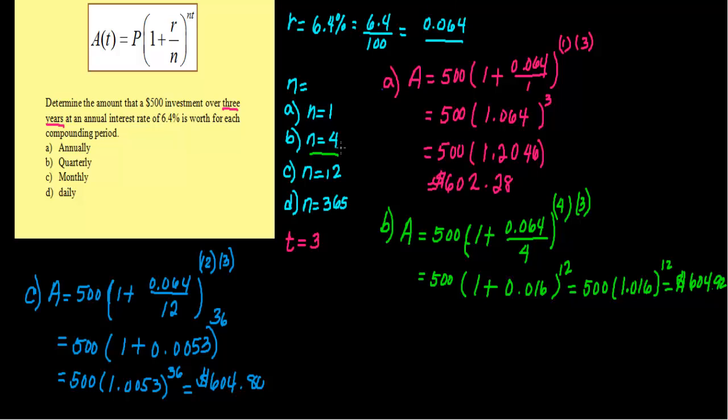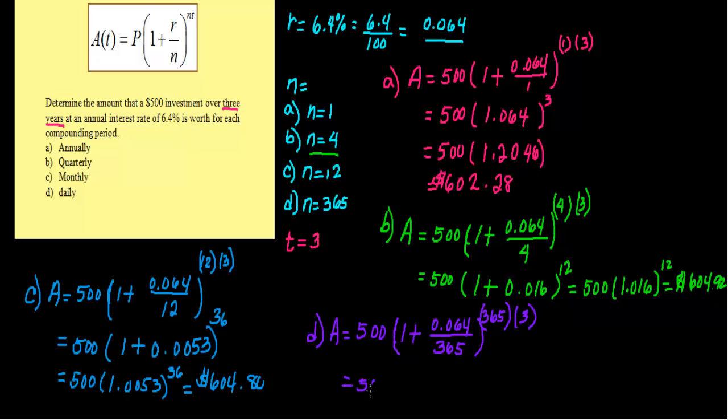For letter D, I will have that the final amount is equal to 500 times 1 plus 0.064 divided by 365, because now I'm compounding daily. So I would have my exponent 365 times a year times 3 years.